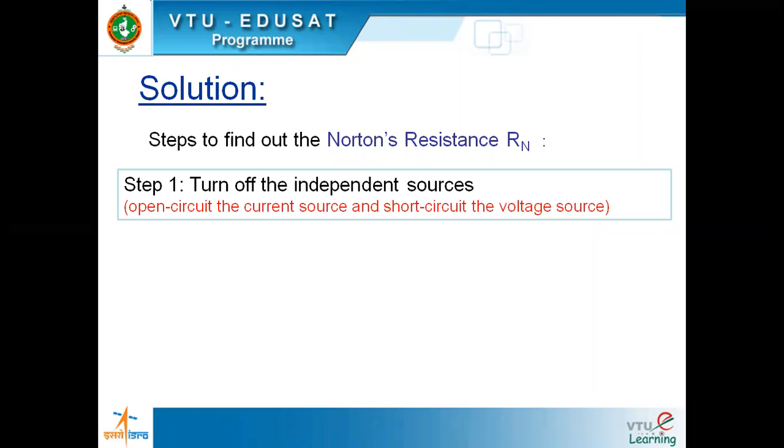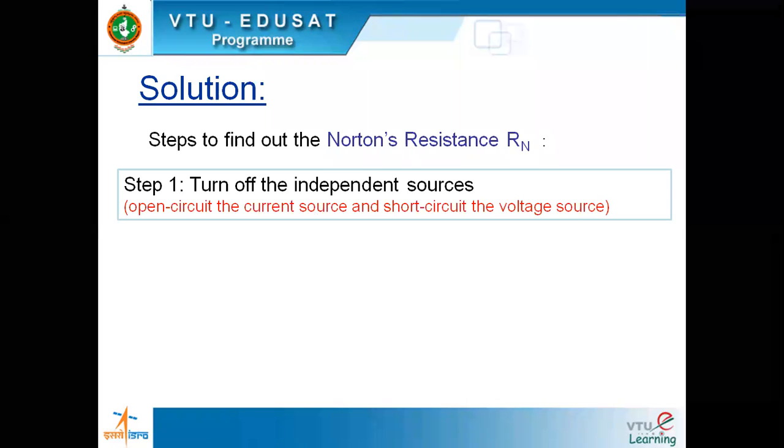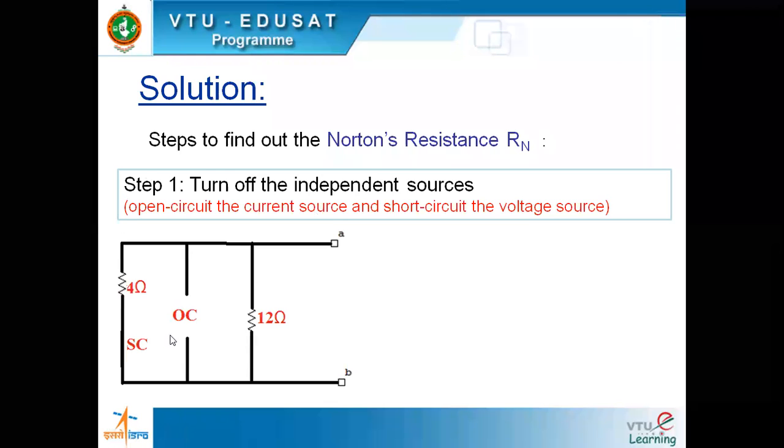Is that okay with you? We have seen that earlier. Again and again, I'm telling you that open circuiting the current source and short circuiting the voltage source is the meaning of deactivating them or turning them off. Understand that? So let's do that. See here, this is open circuited. Why is this open circuited?